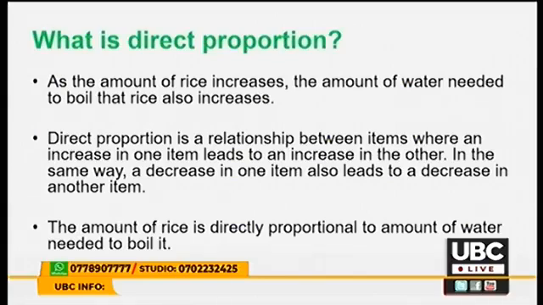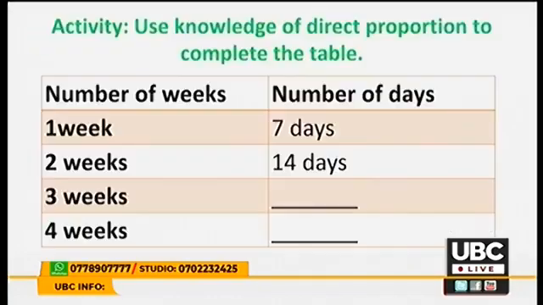Let's look at another activity to further explain direct proportion. Look at the screen. There is an activity for you. Very, very familiar. We have number of weeks, number of days. So I want you to use the knowledge of direct proportion to complete the table.